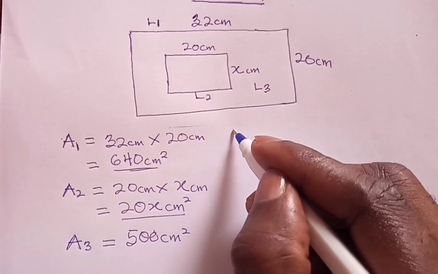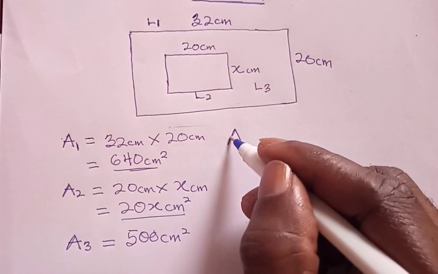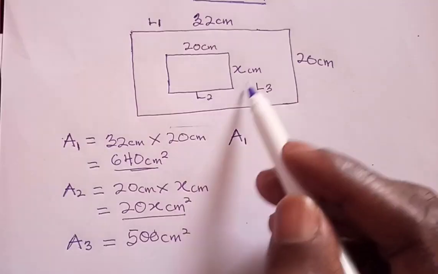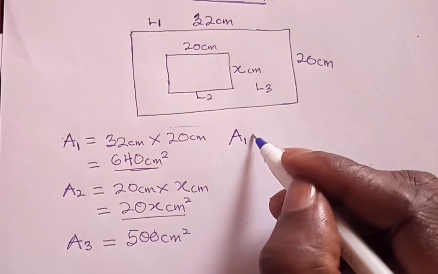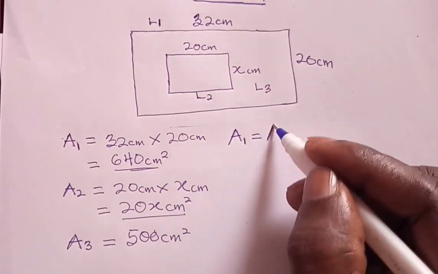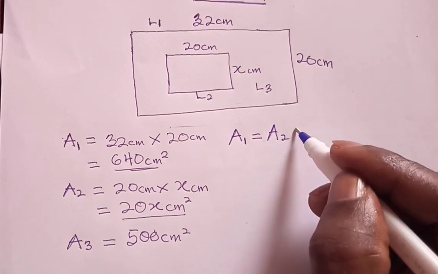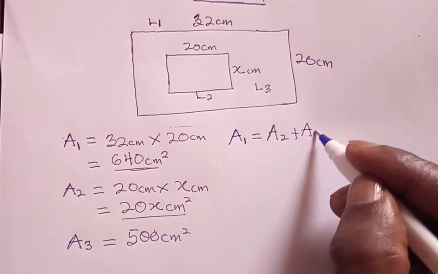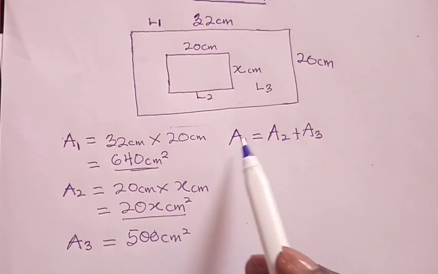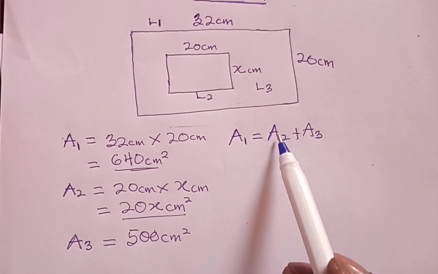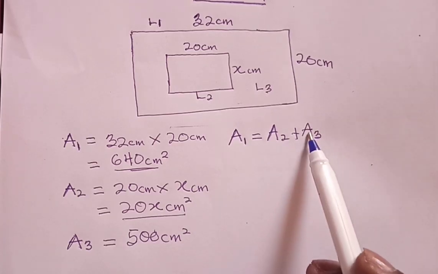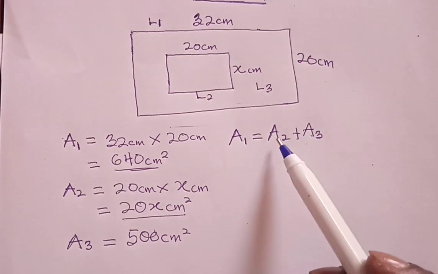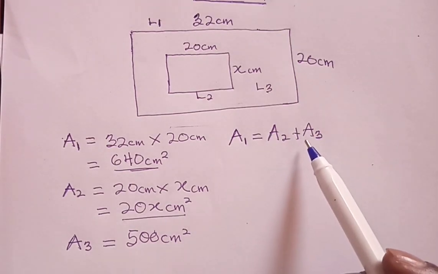So the total area of the plot of land, which is area 1, should be equal to area of plot 2 plus area of plot 3, that is the ones used for building the house and for the garden.